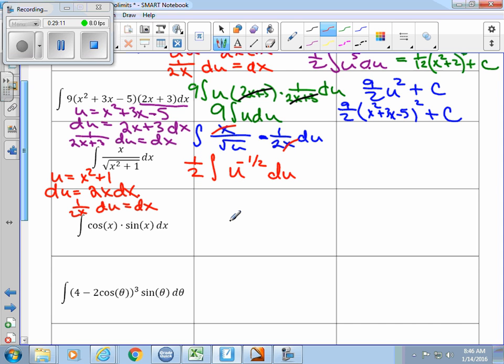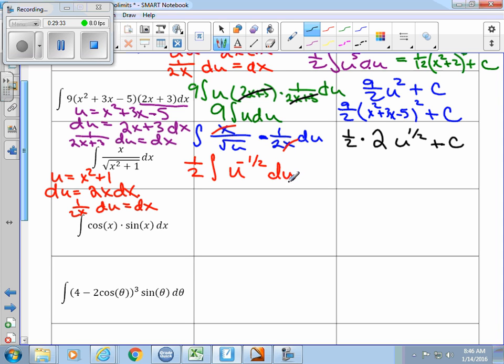U to the negative 1/2. Anti-differentiate. So I will raise the power by 1. 1/2 sitting in front. I would get 1/2. And then divide by the new power. Dividing by a fraction is multiplying by 2.